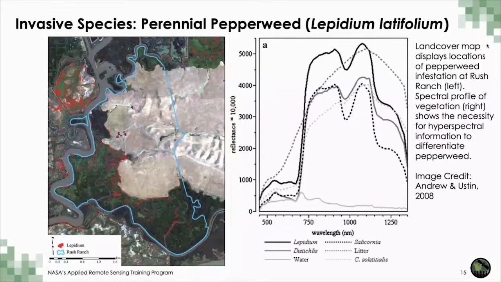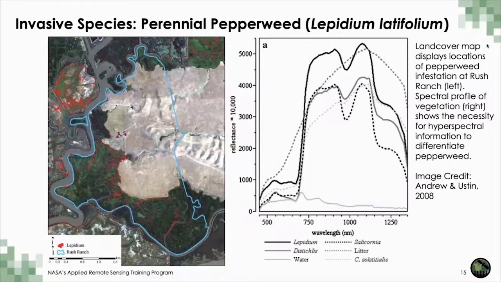This is significant because it indicates that pepperweed is invading areas that are unlikely to be detected by traditional ground-based mapping. The profiles on the right show a distinct spectral signature differentiating pepperweed from other vegetation types, with the pepperweed spectral signature noted with the solid black line.